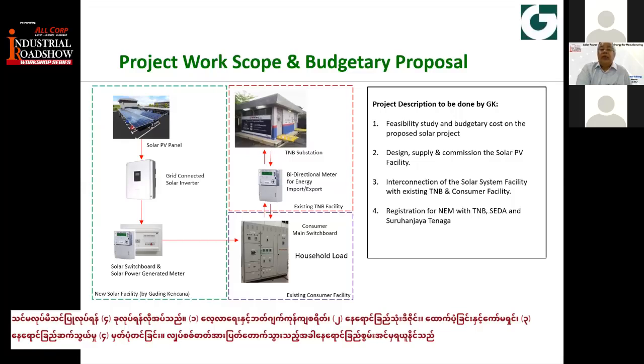Number two, design, supply and commissioning of solar panels. Number three, interconnection of solar. Number four, registration. You have to register with the utility so that the utility company knows that your factory or your building has solar generating equipment. In case of any blackout or shutdown, they know that there is electricity generating from the area, so they can take safety precautions.